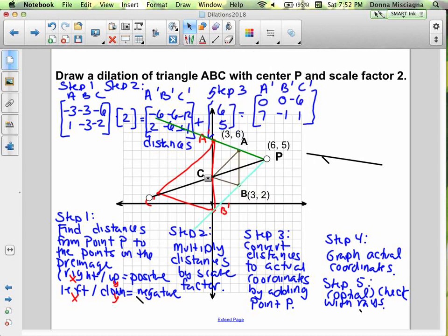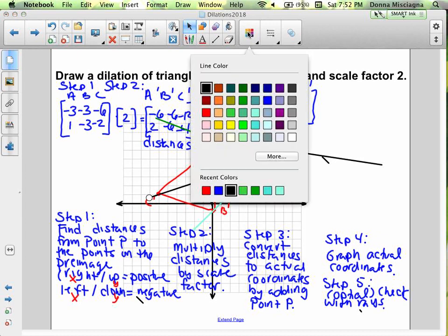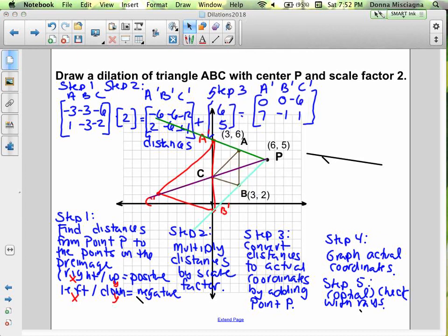All right, let's make that one change. Purple it is. All right, so now you can see that if we draw the rays, it goes through our points. So that one is definitely looking good. All right, so this is how you check, with those rays. And that's all there is to graphing around a point that's not the origin.